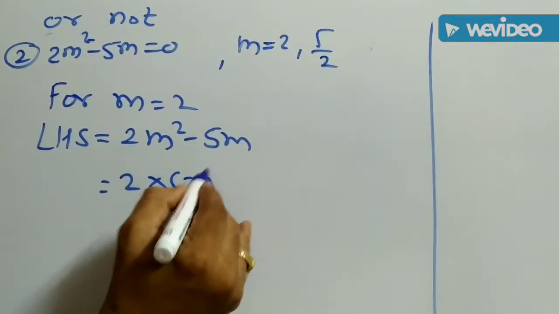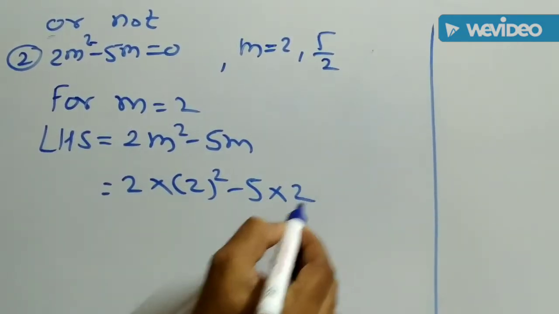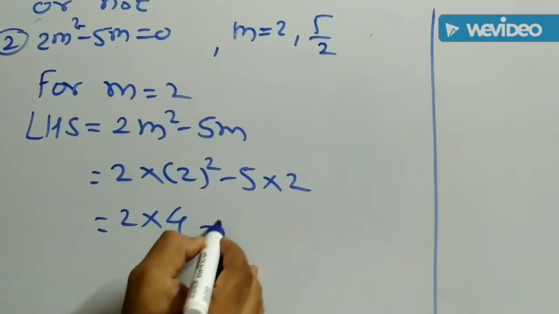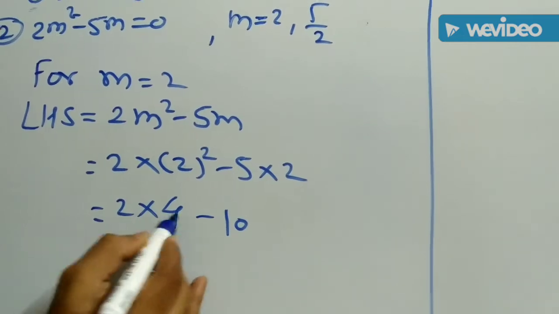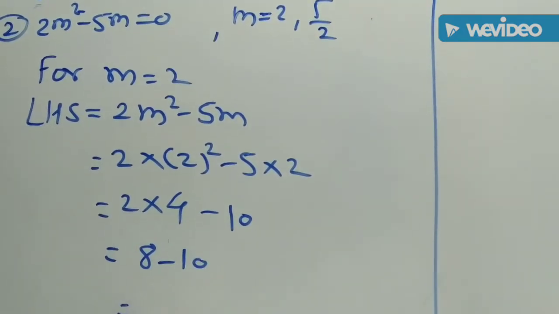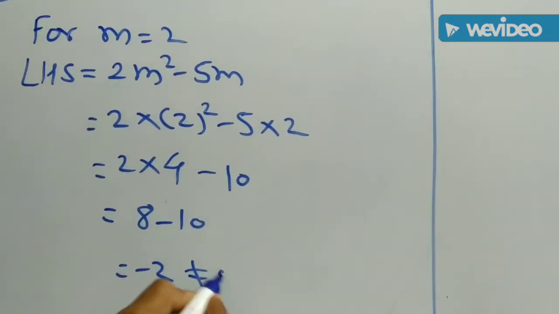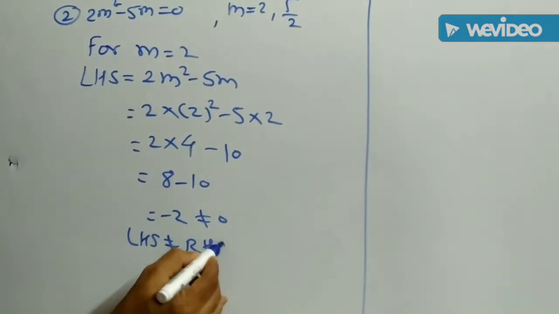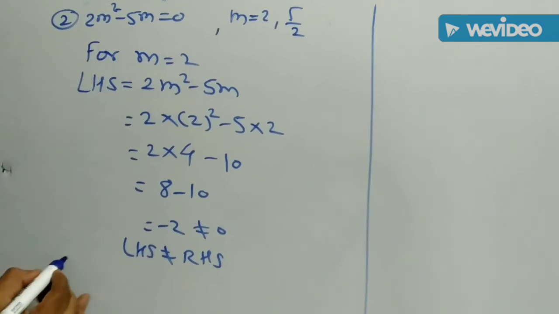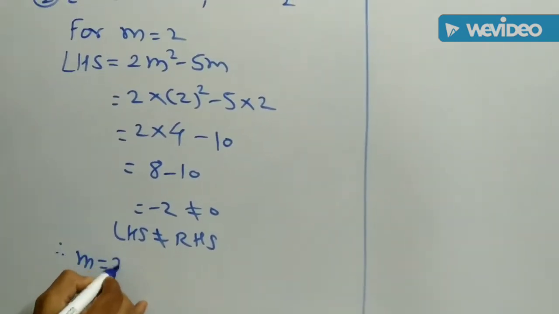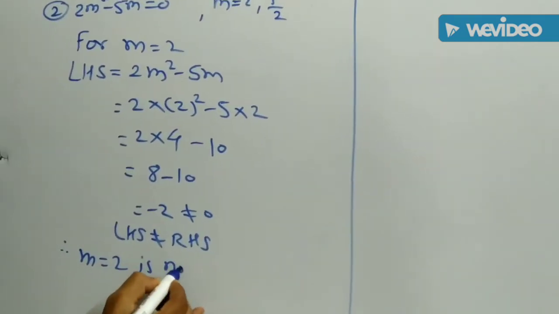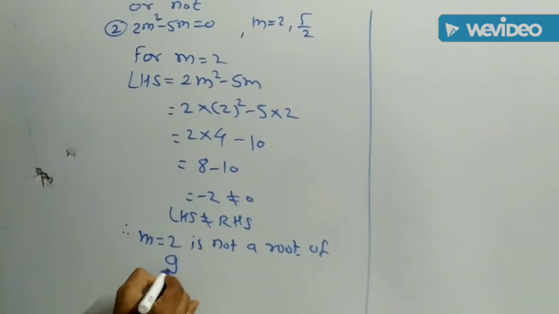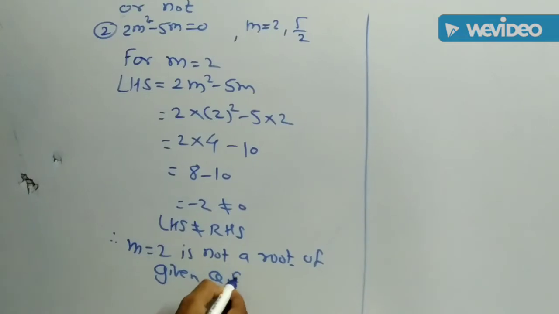Putting the value of m as 2, we get 2 into 2² minus 5 into 2. 2 into square of 2 is 4, so 4 twos are 8, minus 5 twos are 10. 8 minus 10 is −2, which is not equal to 0, and therefore LHS is not equal to RHS, and therefore m = 2 is not a root of the given quadratic equation.